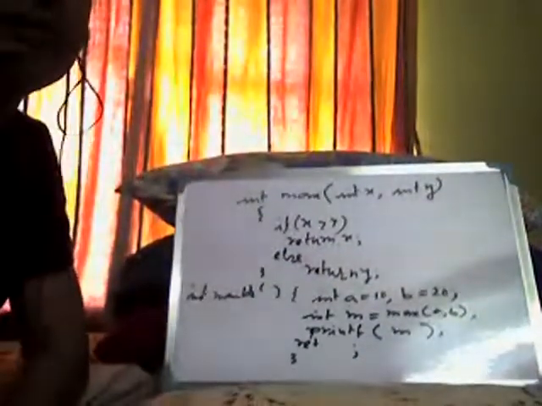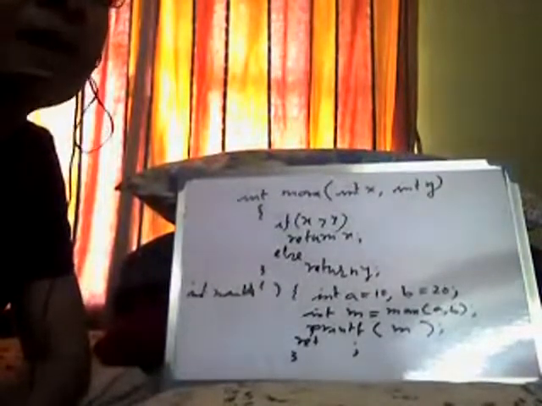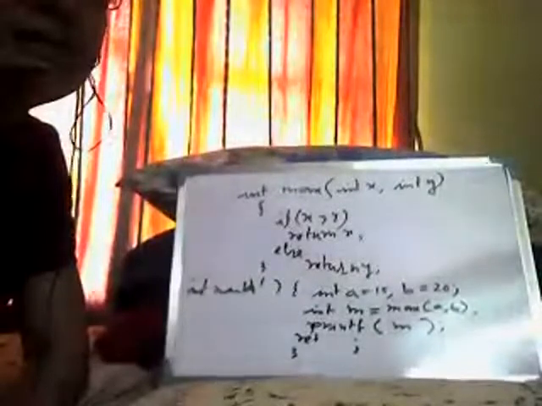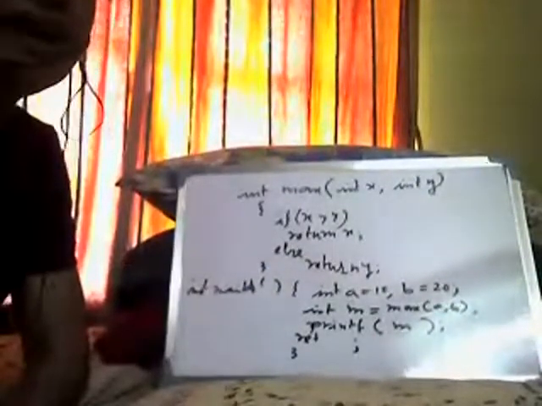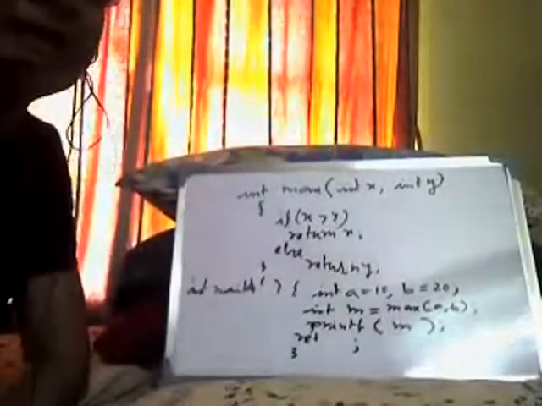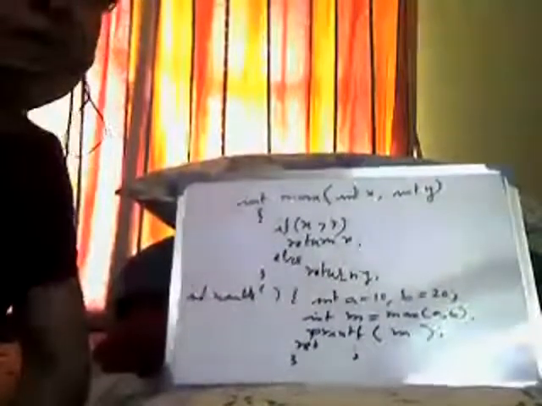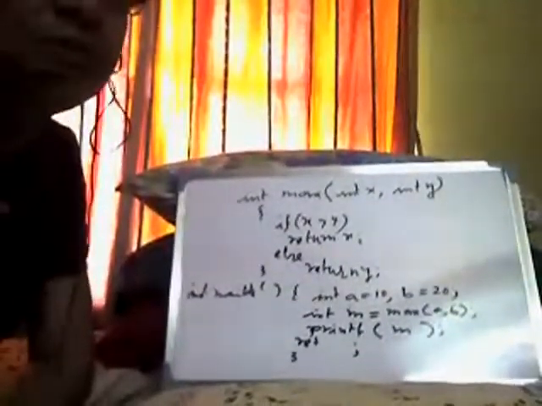But in the C programming language, pass by reference is not actually there, but you can get a flavor of this with the help of pointers. How do you do this? I'm giving you one example of the previous case. You see this.